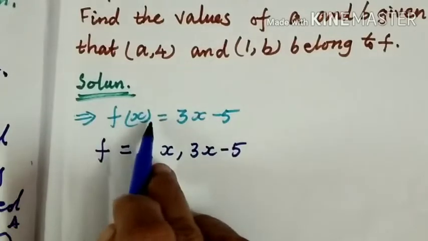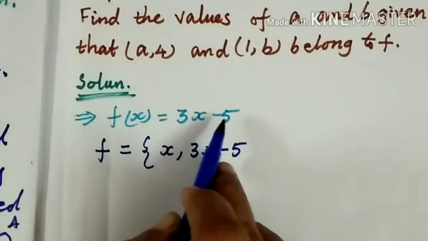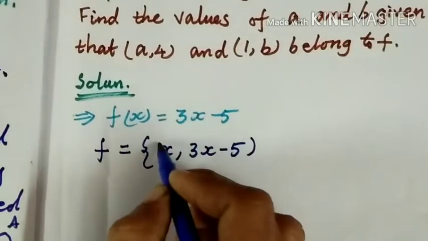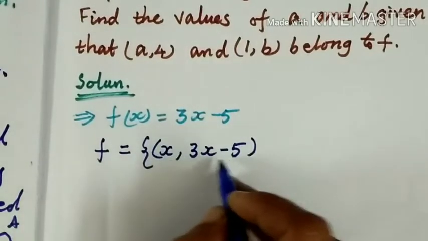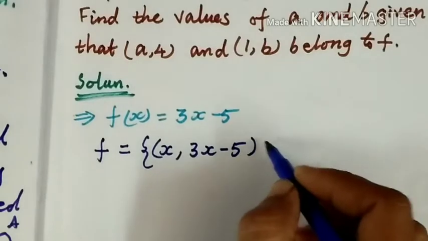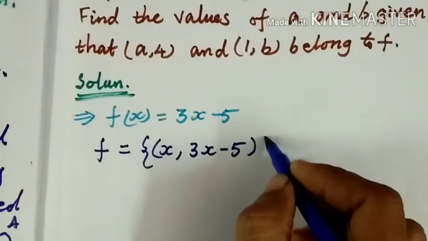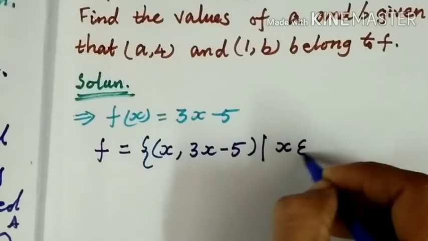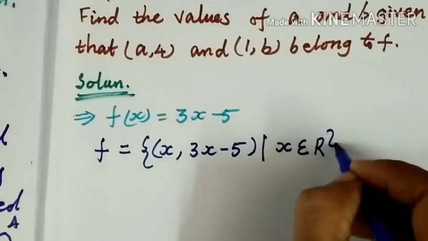The value of f of x, that is 3x minus 5, belongs to the y coordinate. Hence, the ordered pairs (x, 3x minus 5) such that every x belongs to the real numbers.